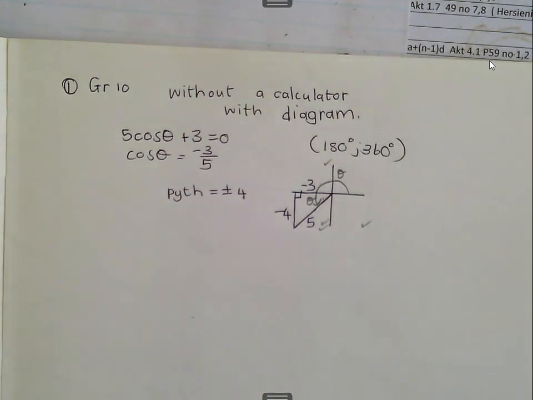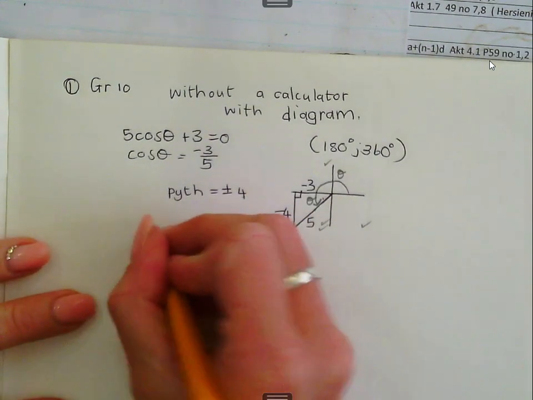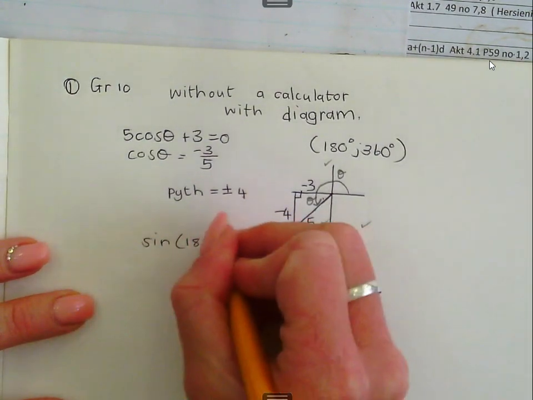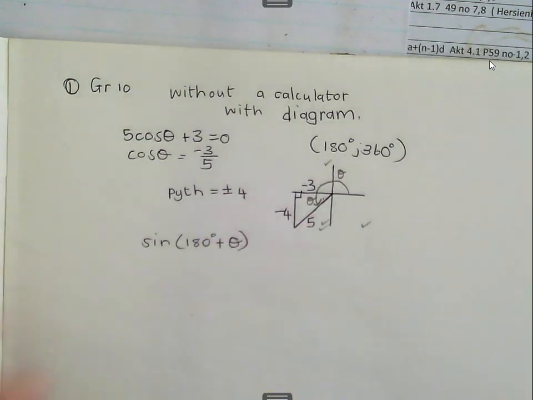But we're not interested, like here, in the size of the angle. We are interested in the sin of the angle, a fraction. Cos of the angle, a fraction. Tan of the angle, a fraction. Do you understand that? So when I ask for the sin of 180 degrees plus theta, I don't want theta.